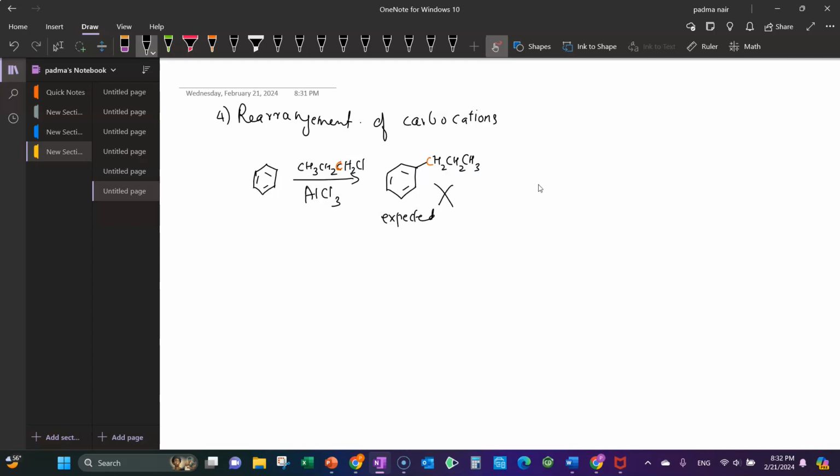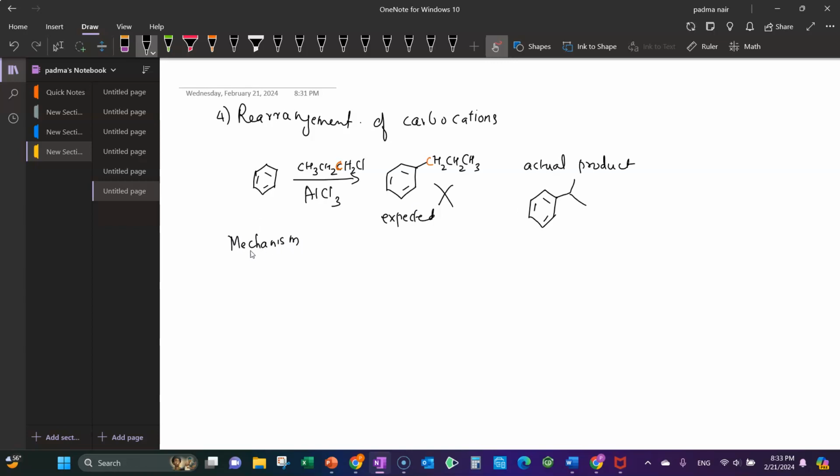The actual product is a rearranged product where instead of formation of this, we get an isopropyl benzene. So instead of the propyl benzene, which is expected, I do not get that, but I actually get this product. And the reason is, maybe we can understand it through the mechanism.